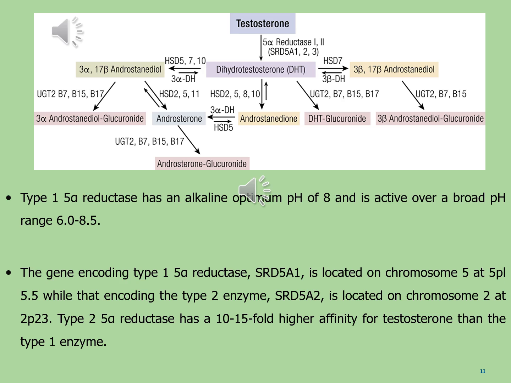Type 1 5-alpha reductase has an alkaline optimum pH of 8 and is active over a broad pH range, that is 6.0 to 8.5.